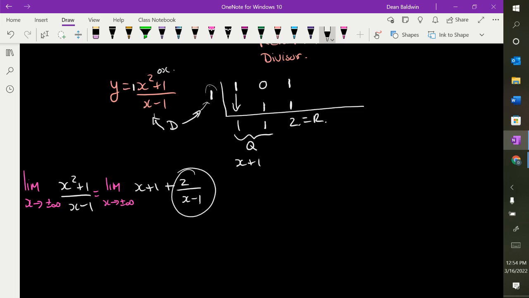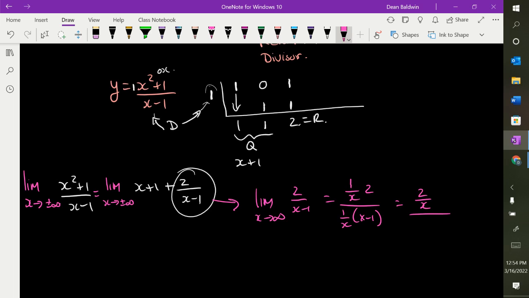We'll do it the proper way. So you'd multiply top and bottom by 1 over x, right? So I'm looking at the limit as we go to infinity of 2 over x minus 1. Well, I multiply top and bottom by 1 over x. So I get 2 over x over 1 minus 1 over x.